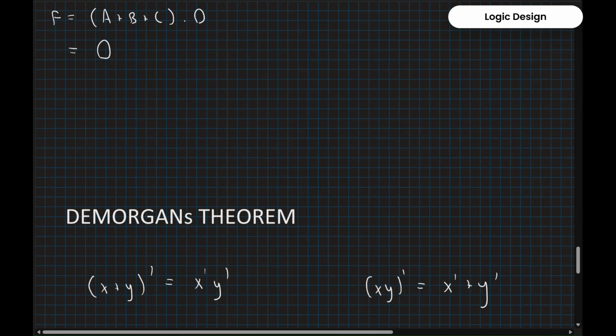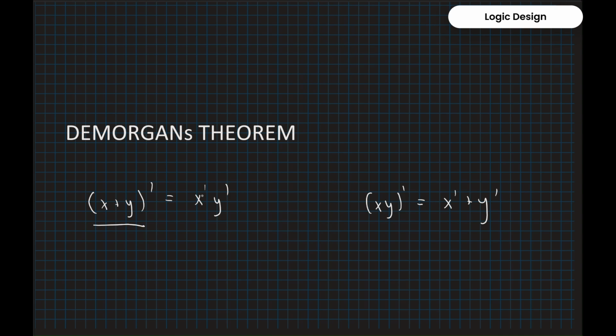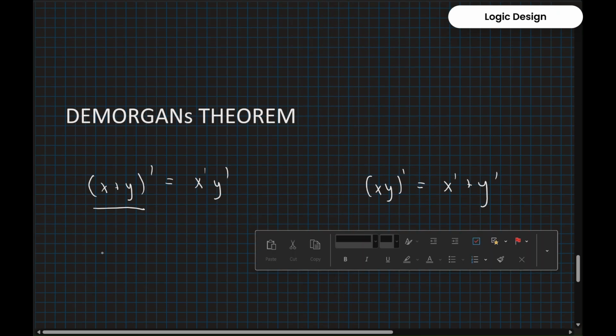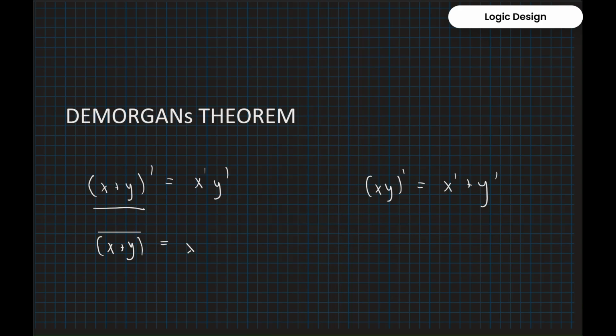So, De Morgan's theorem. This is a pretty important part of logic design, and you're going to be using it quite often to reduce the amount of wires you have, especially when you're working with NAND gates. So x plus y, all barred, is equal to x bar times y bar. The way I taught you, you can also write it as x plus y with a huge bar on top, equals x bar y bar.